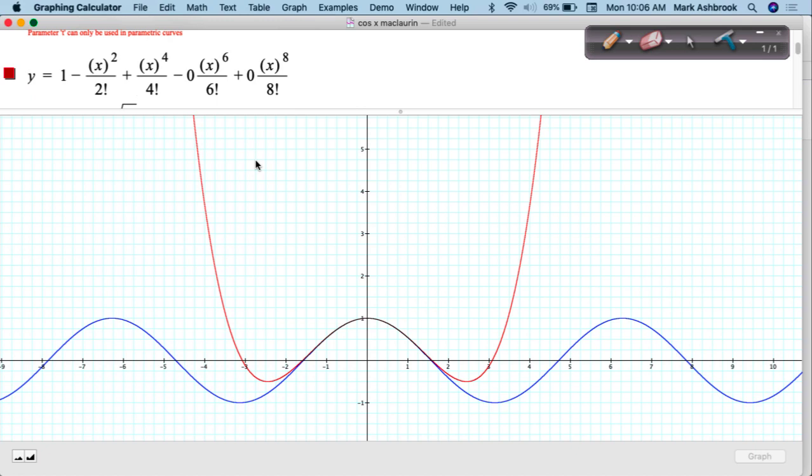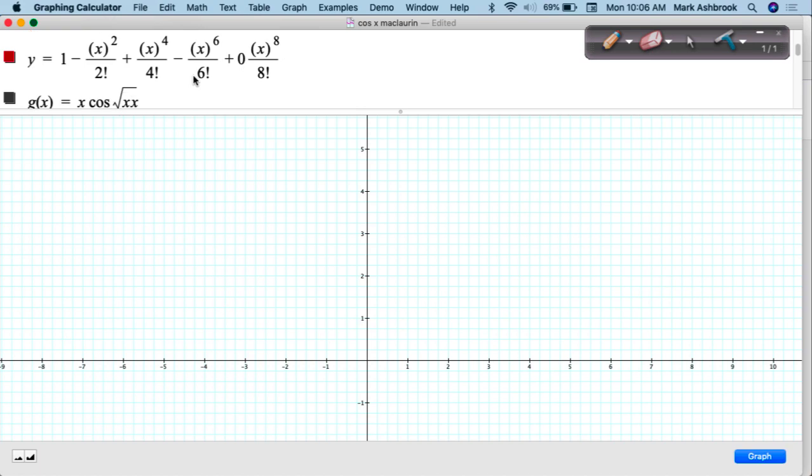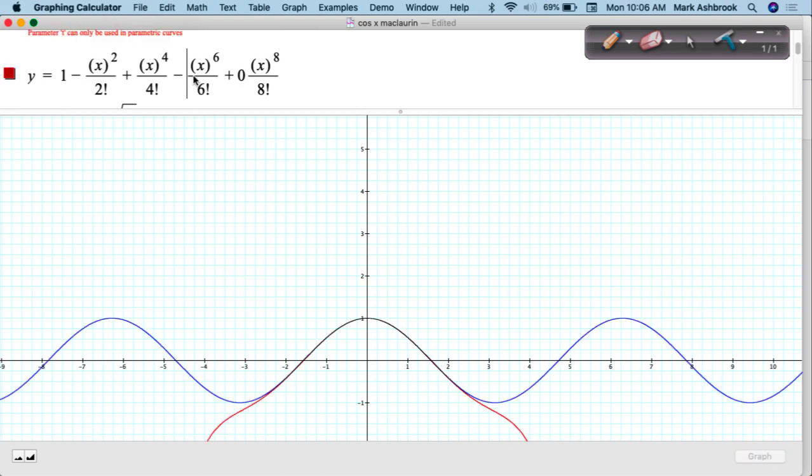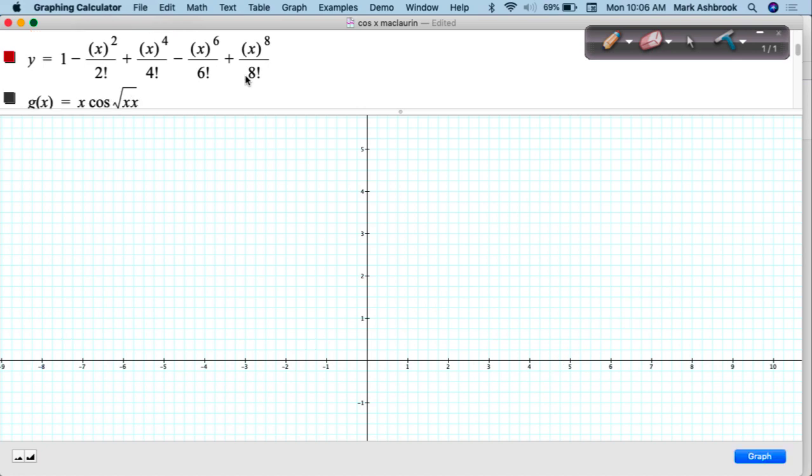It does a really good job approximating cosine, okay? And then what about the 6th degree? There's the 6th degree Taylor polynomial, and it also gets the 7th derivative correct. Here's the 8th degree Taylor polynomial.